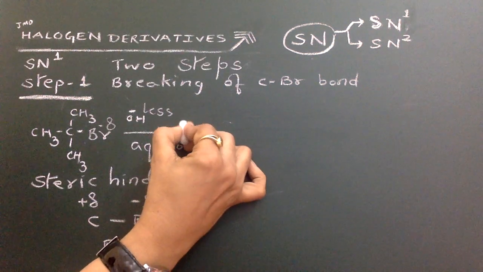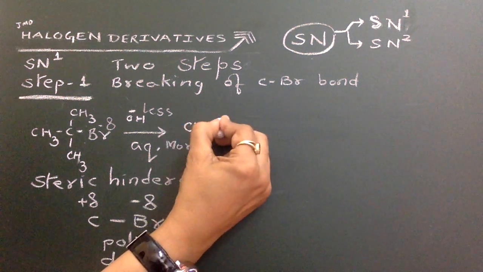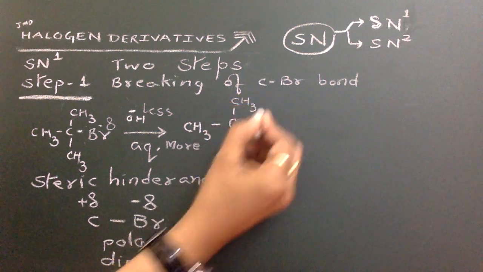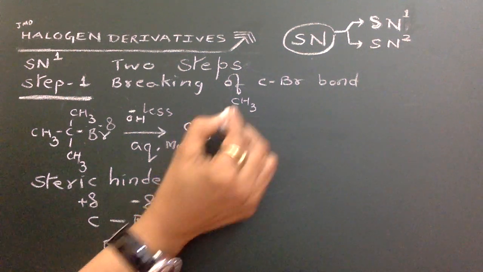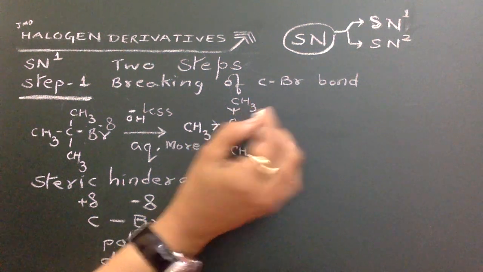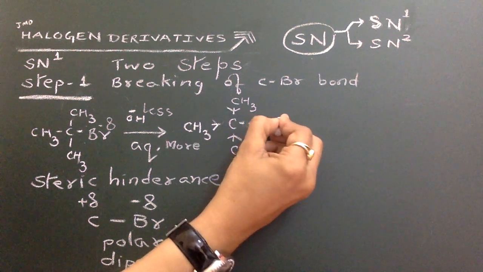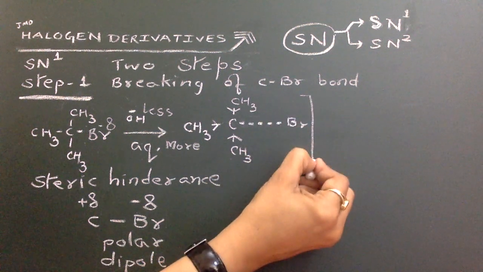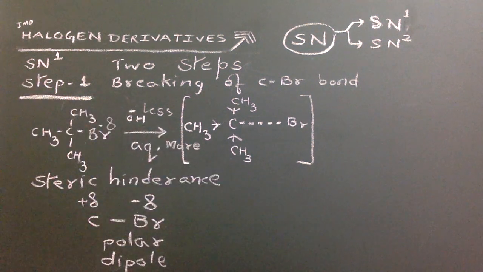I have shown with the arrow the positive inductive effect of the 3 methyl groups, making the CBr bond undergo heterolytic fission in a polar solvent like water. See this broken line, which simply shows the heterolytic fission, that is, the process of fission has started.